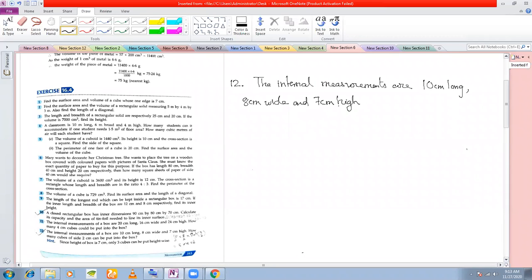Okay, these are the internal measurements. The question is, how many cubes of size 2 centimeter can be put in the box?